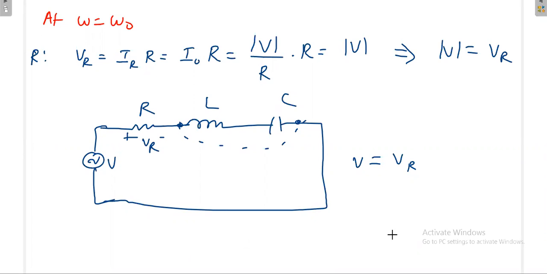Then what is the voltage across the inductor? And what is the voltage across the capacitor?